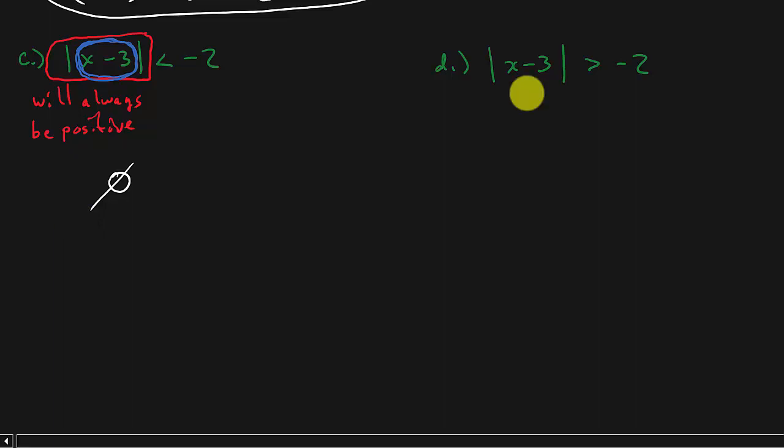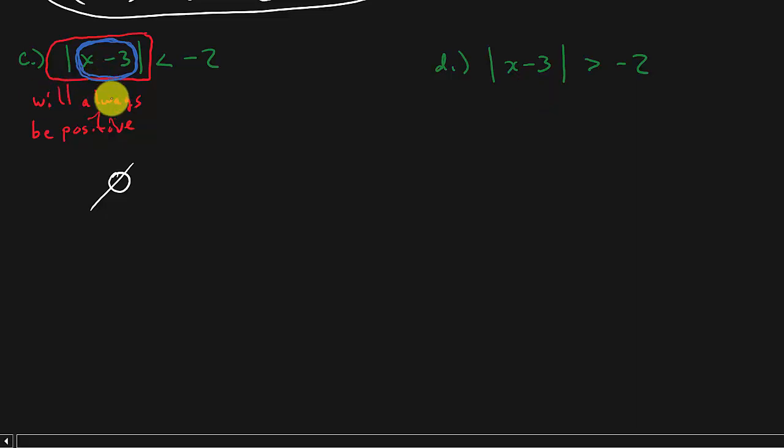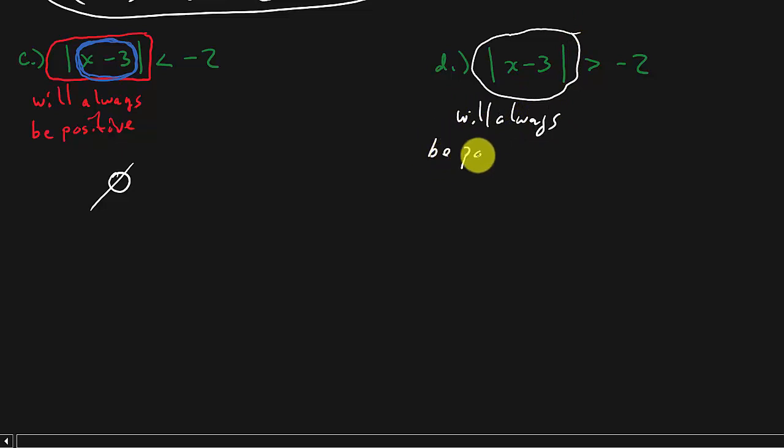Now, what about this one? Absolute value of x minus 3 is greater than negative 2. So let's find everything that works. Well, no matter what we plug in for x, I mean, it's the same argument as I made over here. This side over here will always be positive, right?